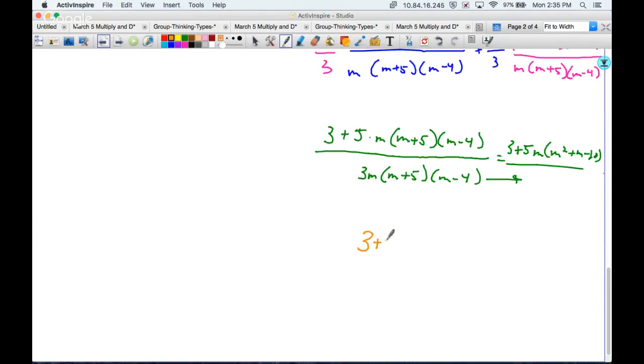So 3 plus 5m cubed plus 5m squared minus 100m, all divided by 3m, m plus 5, m minus 4.